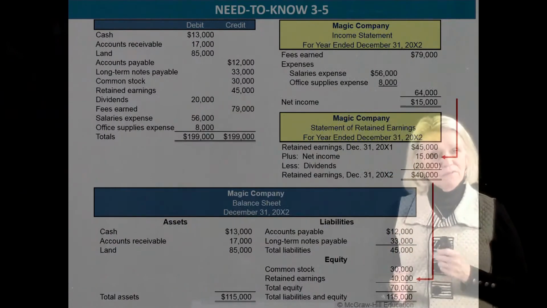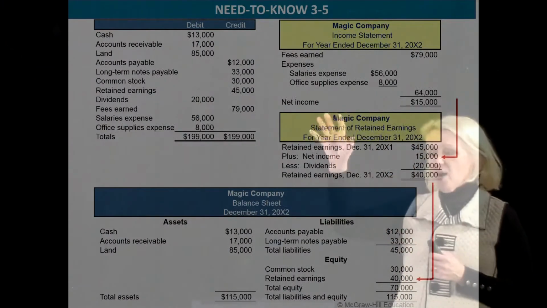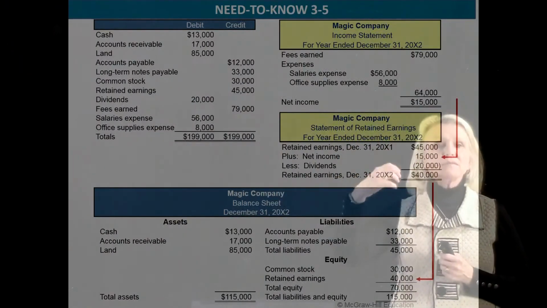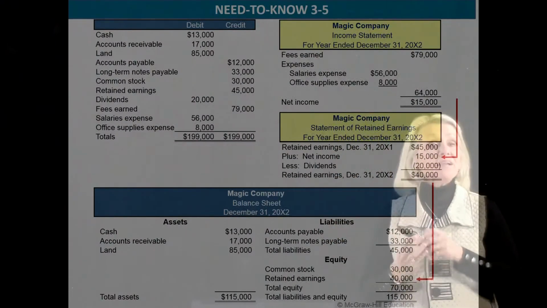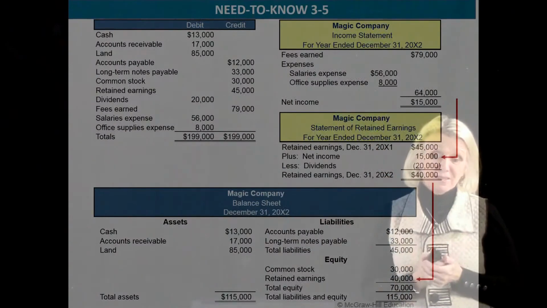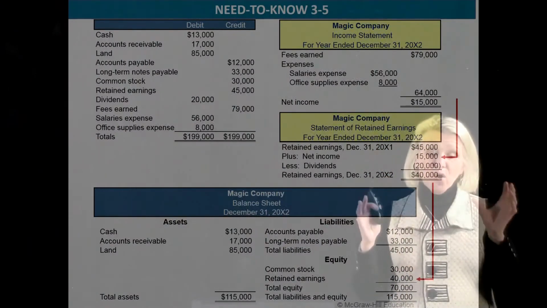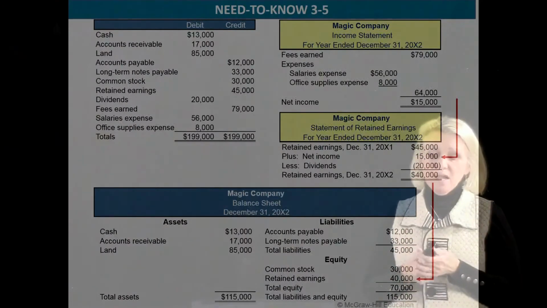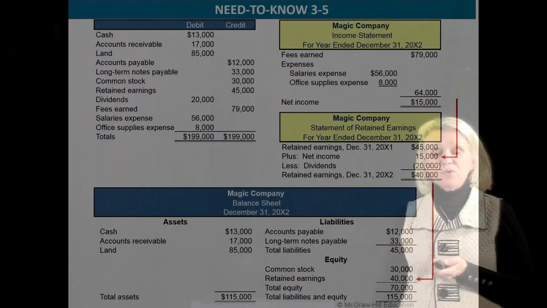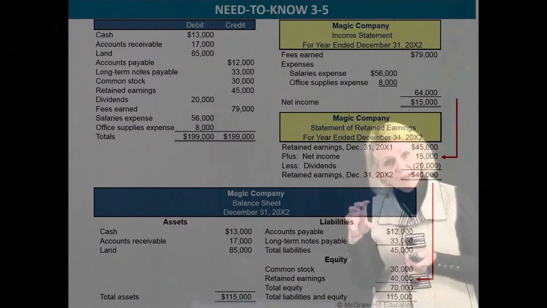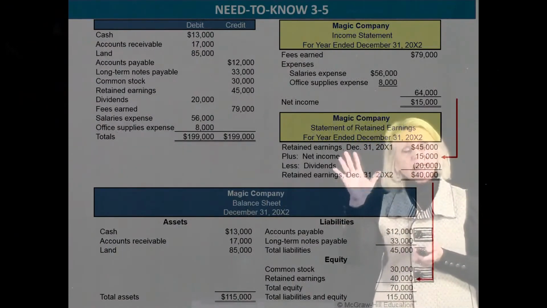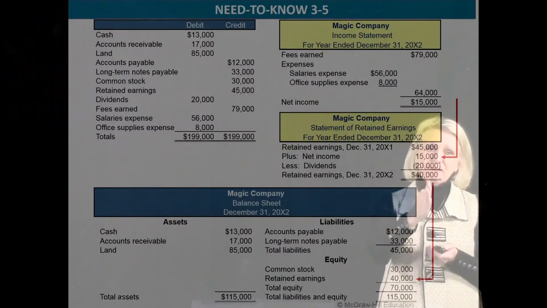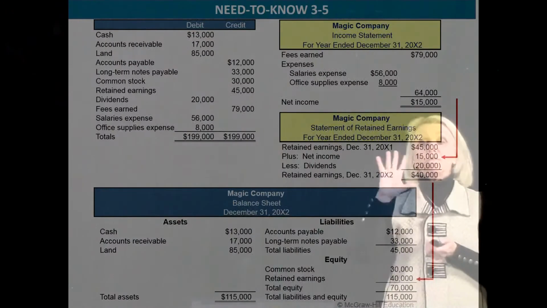So on December 31st, when we end this year, we want to know the total of income, the total of expenses, the total of dividends paid out, and that all goes into or comes out of retained earnings. So the owner's amount of money that is kept in the business is retained earnings. So what we have to do is close those nominal accounts, move them into retained earnings, get that account correct, and then next year we start over with zero for revenue and expenses and dividends.